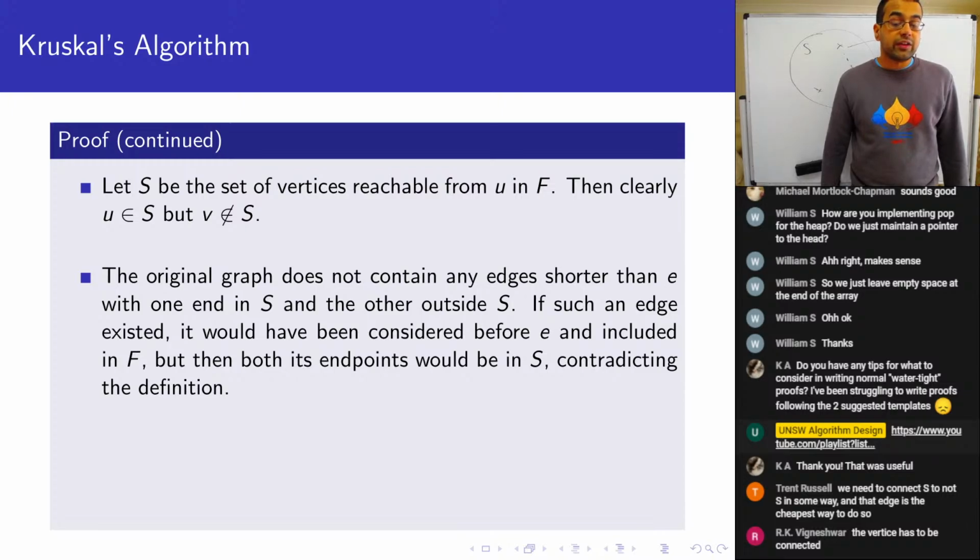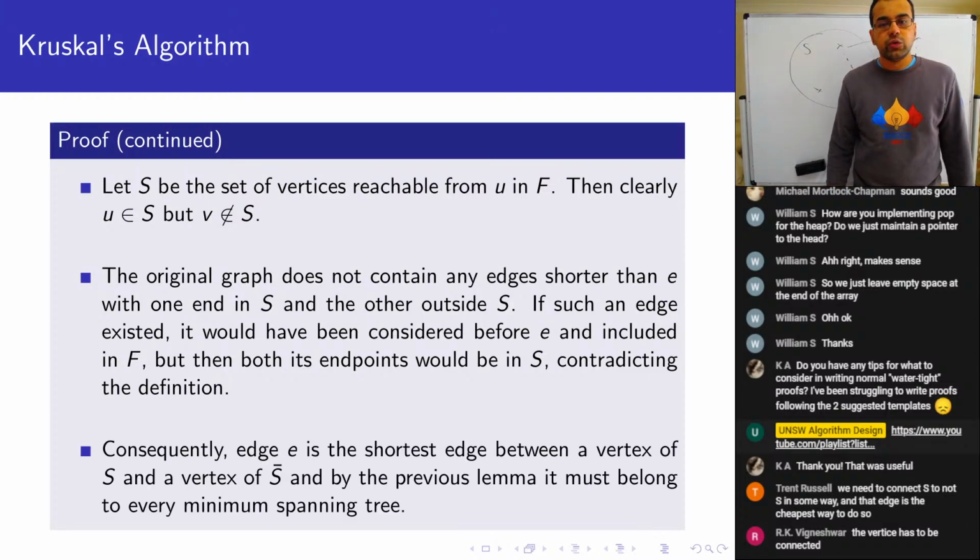So, again, to recap, when we're up to edge E, just before we add it, U and V are not connected, which means that any shorter edge joining things reachable from U to things not reachable from U, no such edges can exist, and therefore E is the shortest of those edges, which means edge E is compulsory to take in every single minimum spanning tree, and so according to that lemma, it must be chosen.